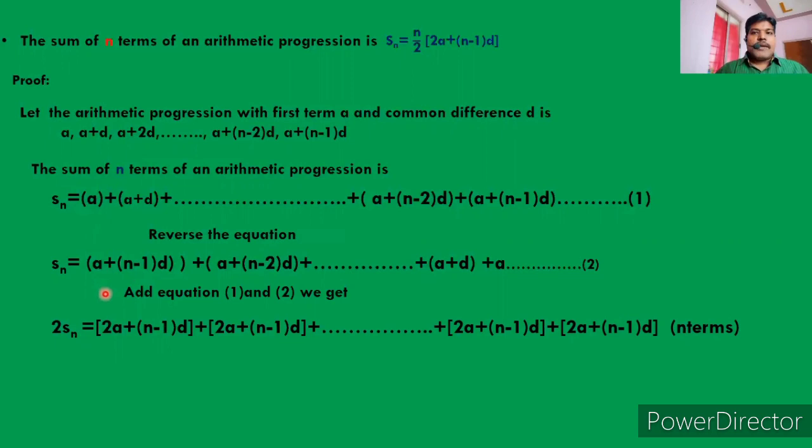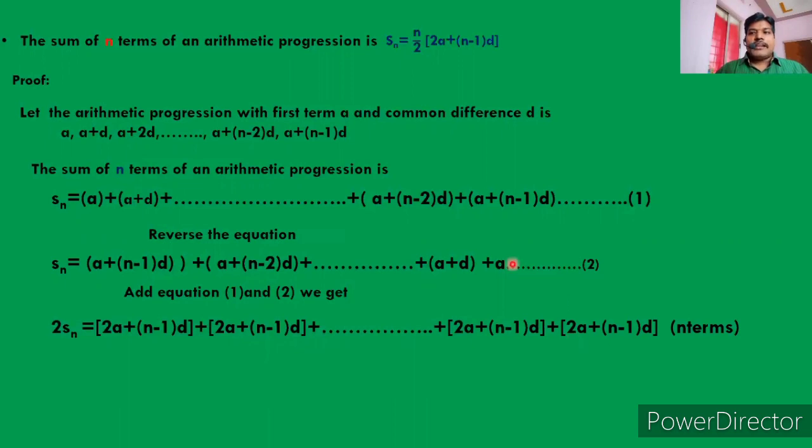Then add the next two terms, a plus d and a plus n minus 2 into d. A plus a becomes 2a, and n minus 2 into d plus d becomes n minus 1 into d.